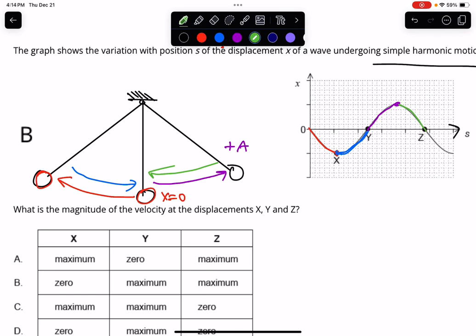So in this case, if we look at the specific positions, we know that X is this red position, so we'll call this X. We know that Y was this blue position, so we'll call this Y. And then we know that Z is this green position, so actually Z is going to be at the same place as Y. Okay?